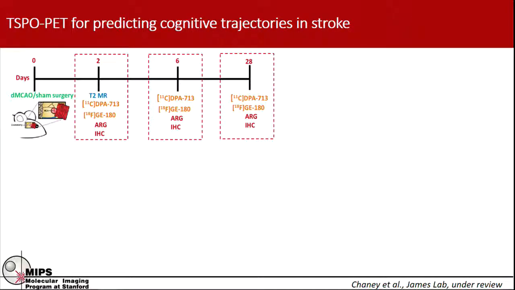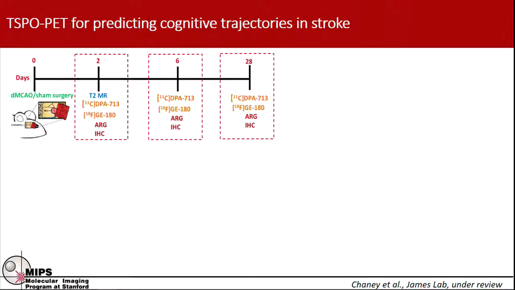We've been really interested in understanding whether we can use TSPO PET for predicting cognitive trajectories in stroke and other diseases. Here, I'm going to show you some images from a mouse model of stroke and also our patient data that we've just been collecting. So we use this DMCAO model, the distal middle cerebral artery occlusion model.